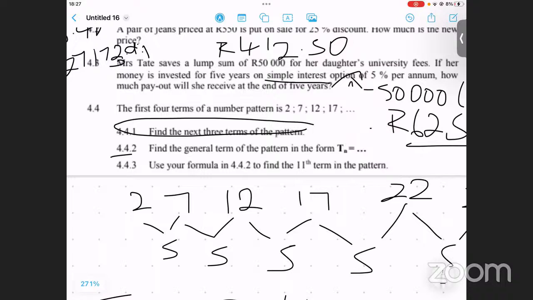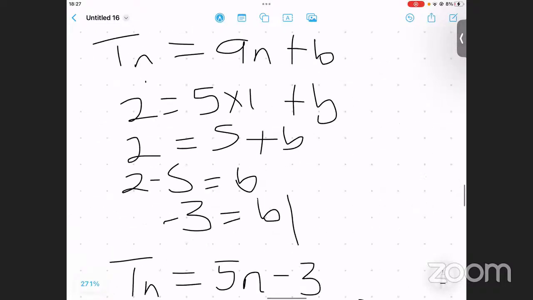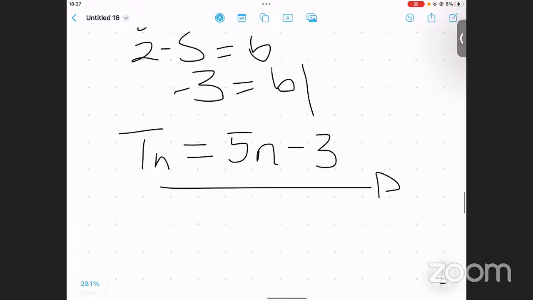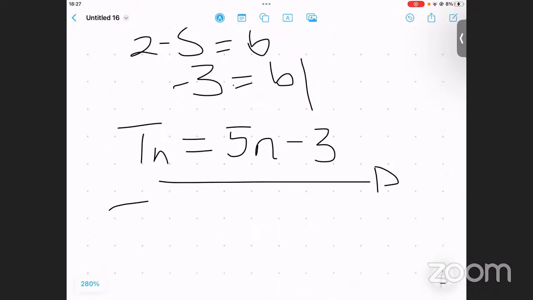Now, they say use your formula in 4.4.2 to find the 11th term in the pattern. How are we going to substitute this? Buikanyo, the 11th term. Ma'am, you're going to say Tn equals 5n, brackets 11 close brackets, and then you're going to multiply 5 times 11.